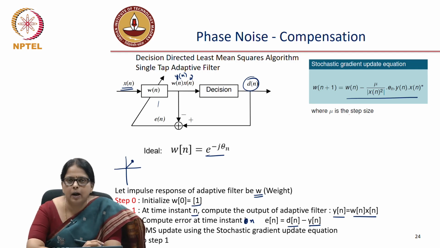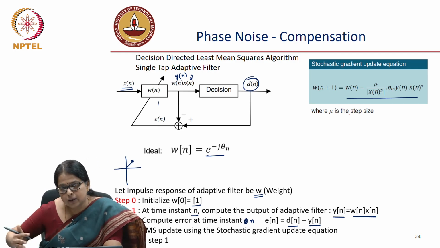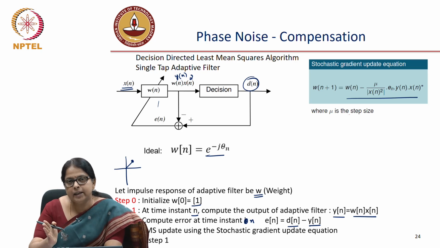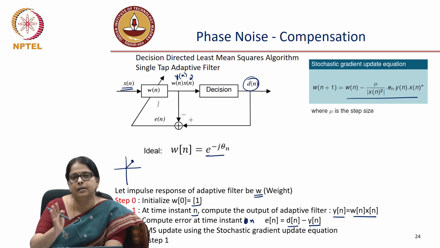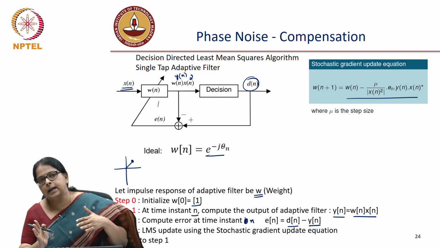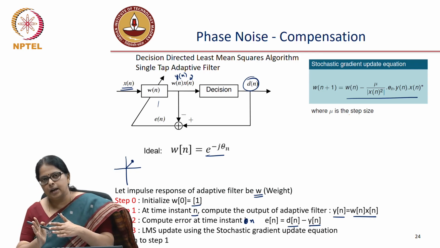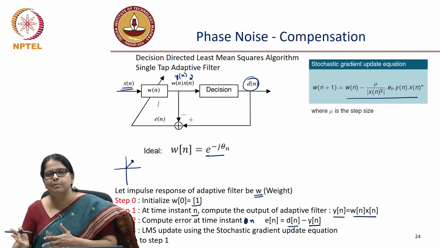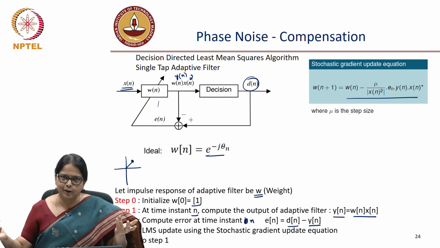I do this for all the symbols, all the time instances, and at every time I am trying to compare my received signal with, in the training phase, the symbol that I transmitted. But the receiver cannot always know what symbol is transmitted, otherwise there is no need for a communication system.